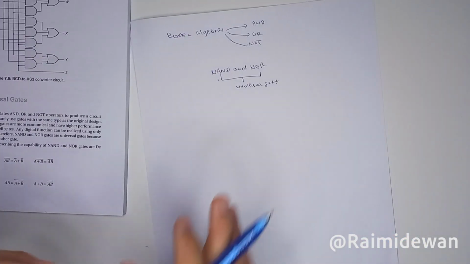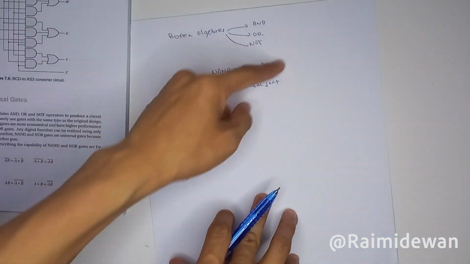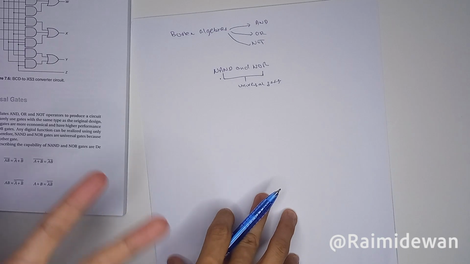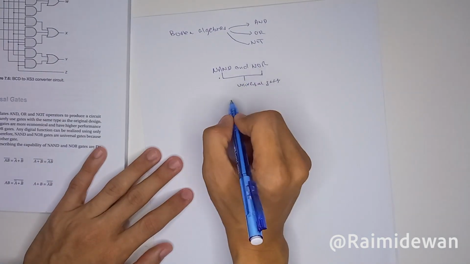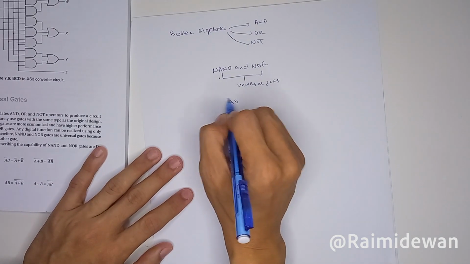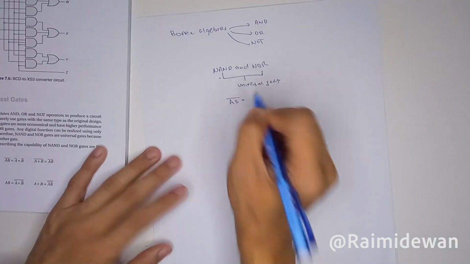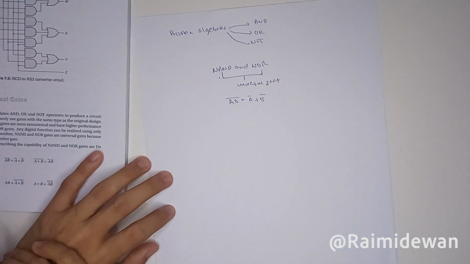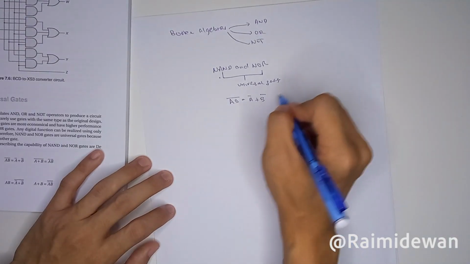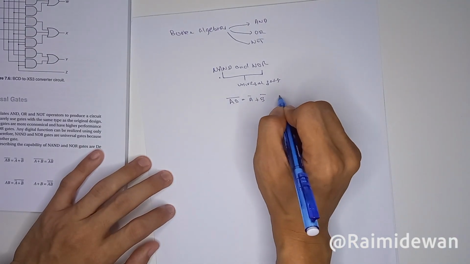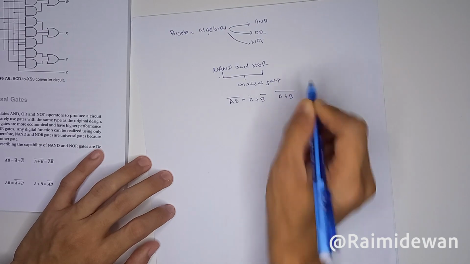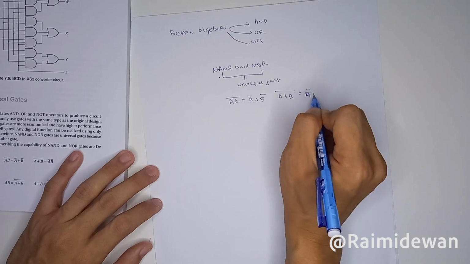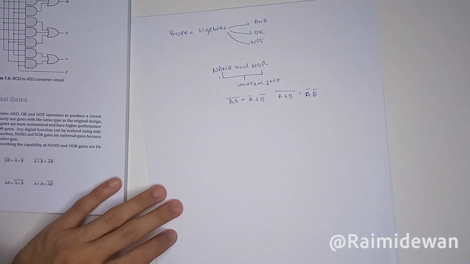The basis for describing this is that we can implement De Morgan's theorem. What De Morgan's theorem says is that (AB) bar, you can break it into a sum term, A bar plus B bar. And also if you have a sum term like (A plus B) bar, you can break it into a product of two small terms.